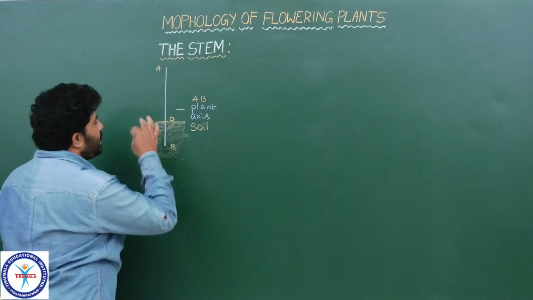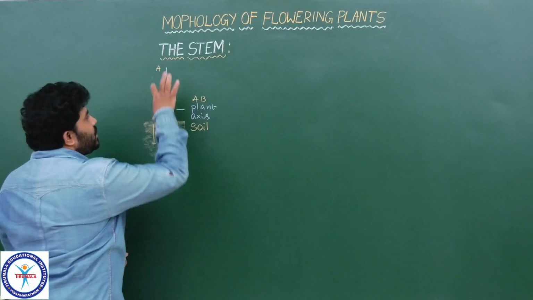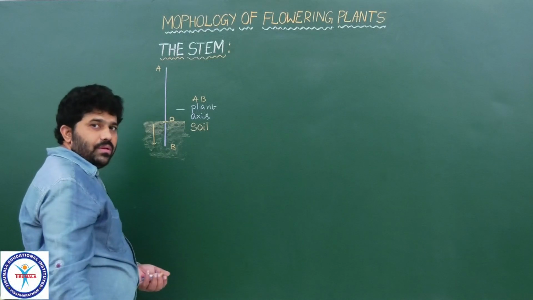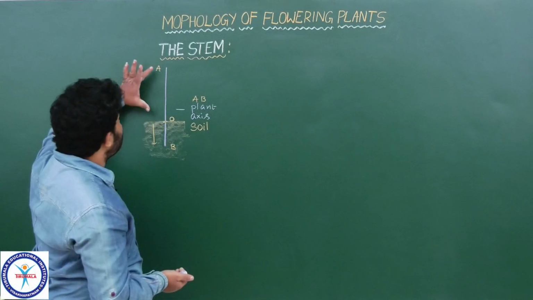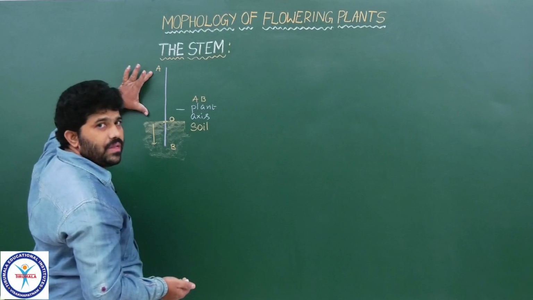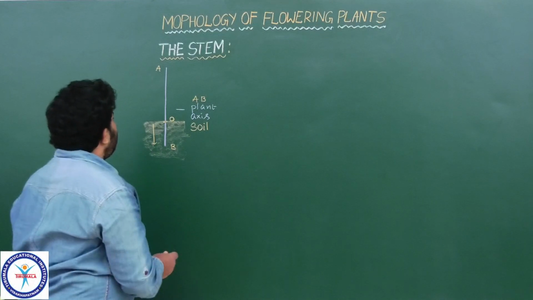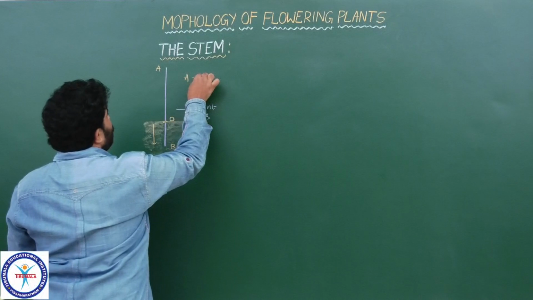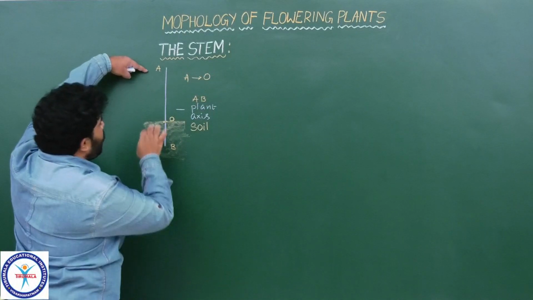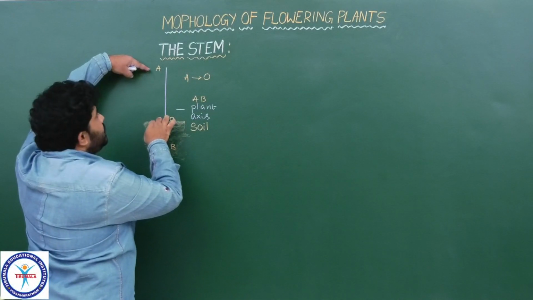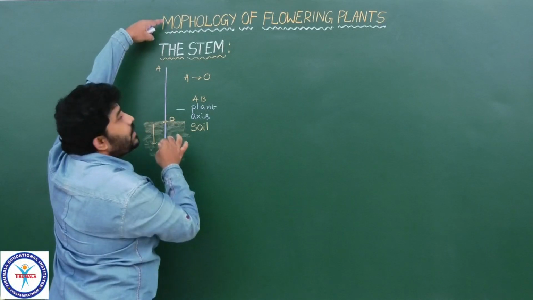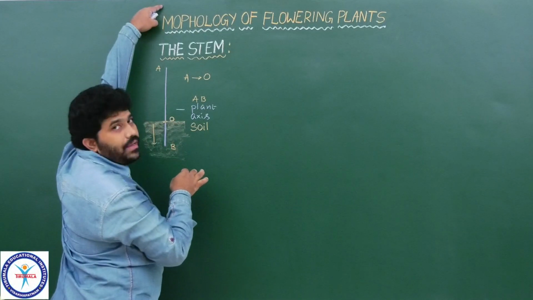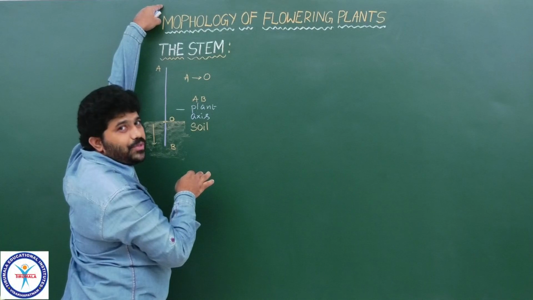Now AB is differentiated into two portions. What is the portion from A to O, up to here? This A is not permanent, it is continuously growing, moving upward month to month or year to year.